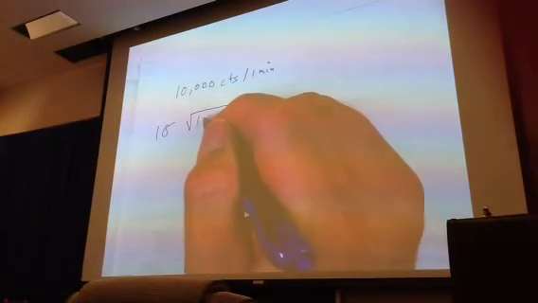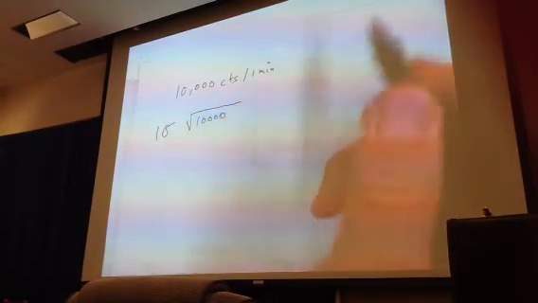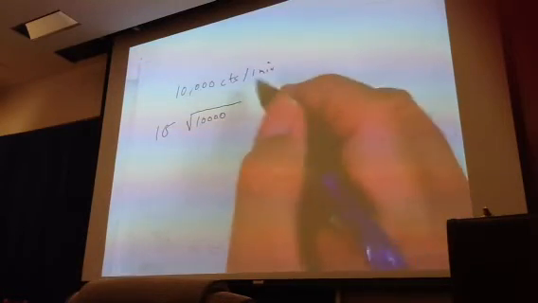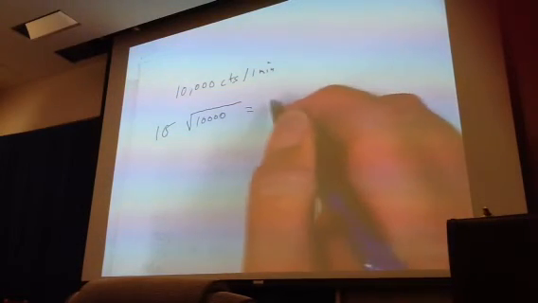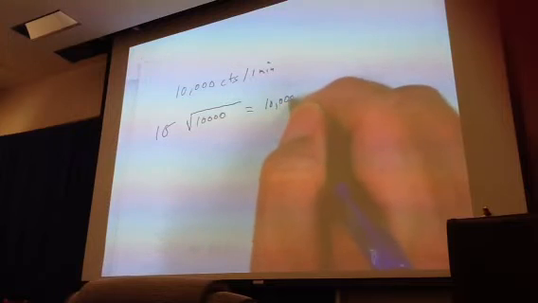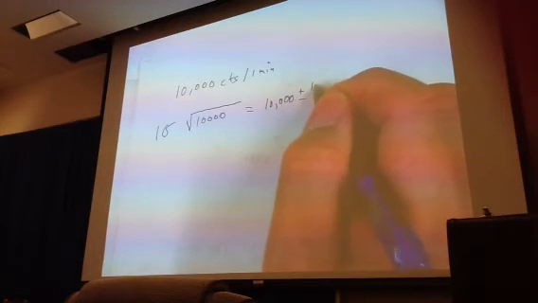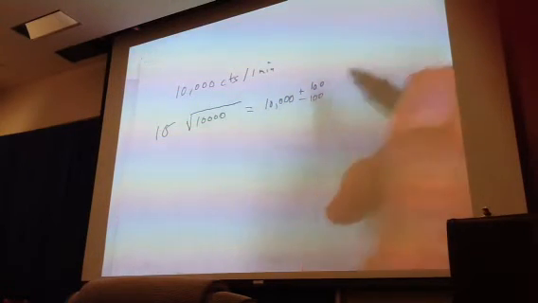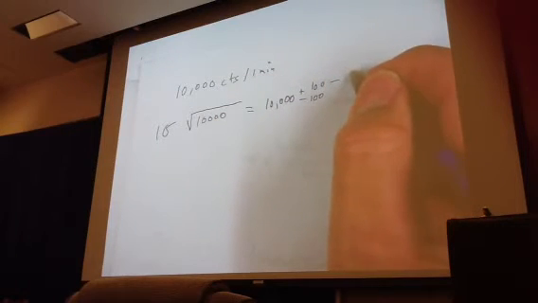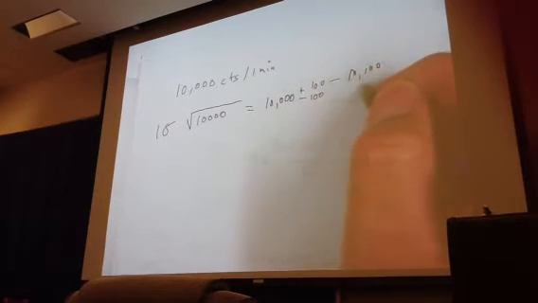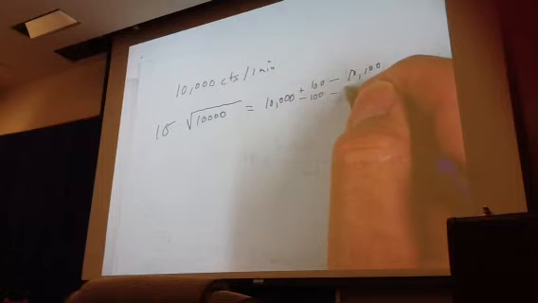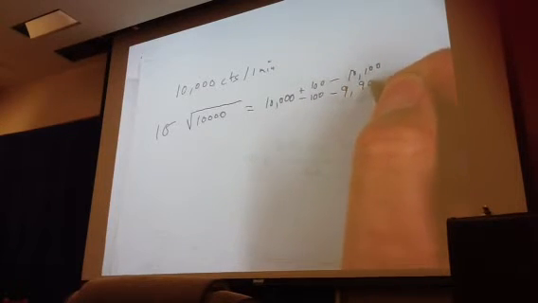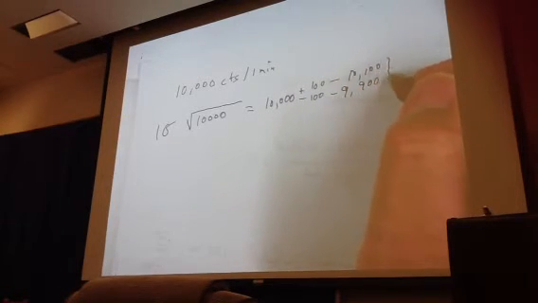If I take the square root of 10,000, what I wind up with is 10,000 counts plus or minus 100. So that means I've got 10,100 and 9,900. This is a range.